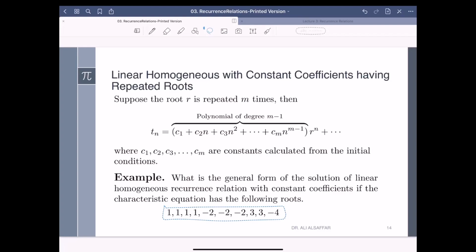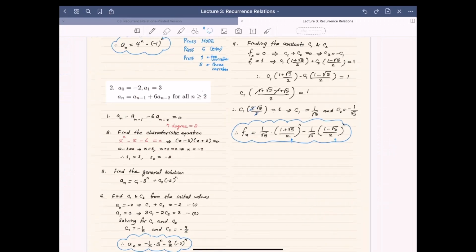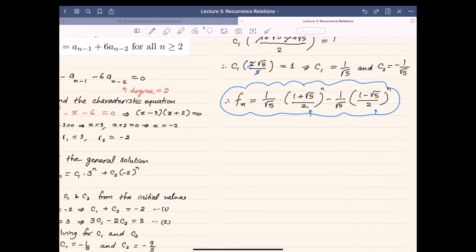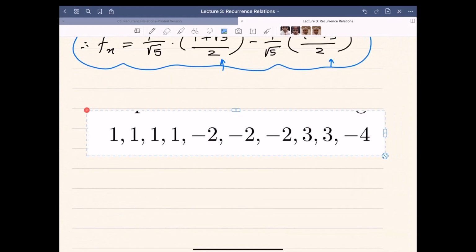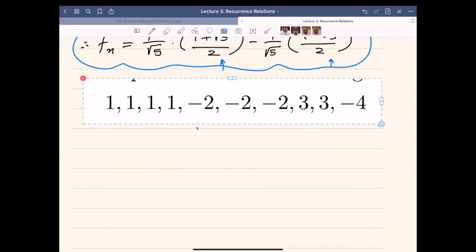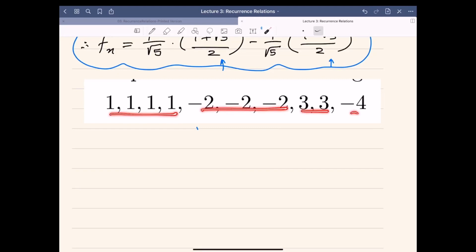Then how do we find the general solution for this recurrence relation? These are the roots, and you notice that we have one root repeated 4 times, another 3 times, another twice, and another once.